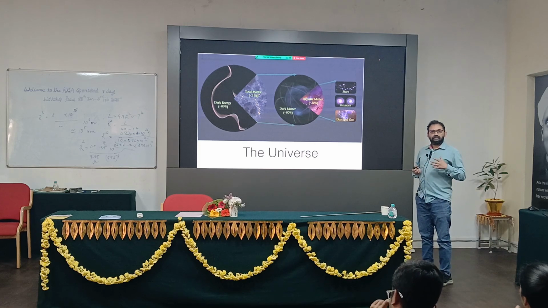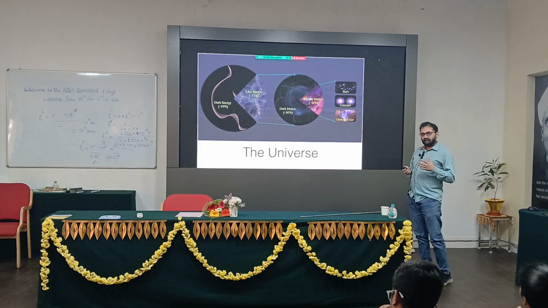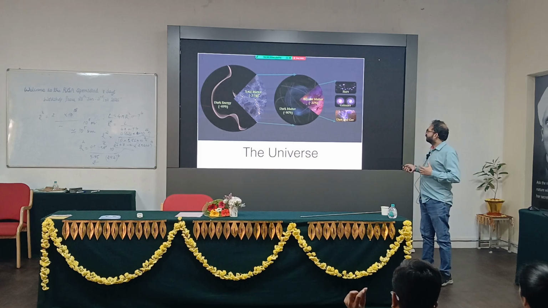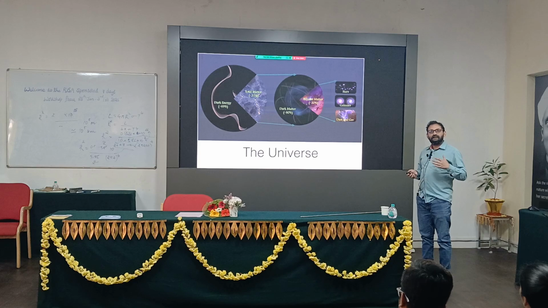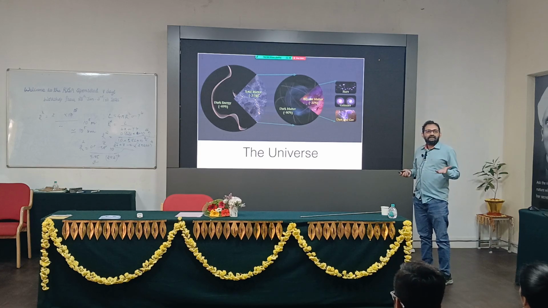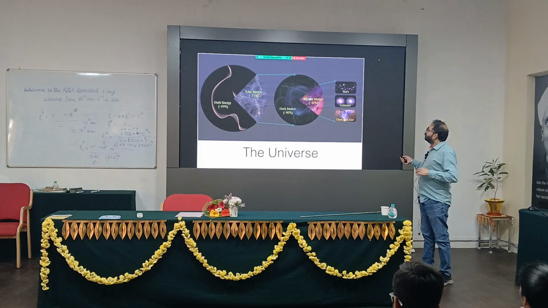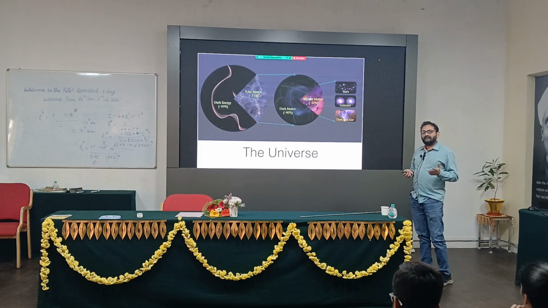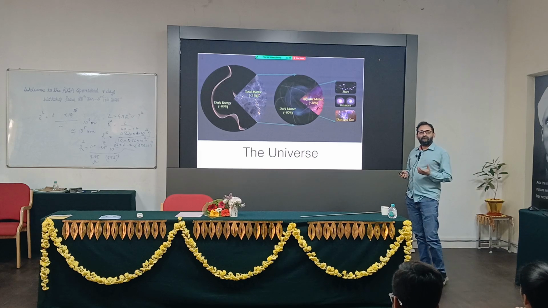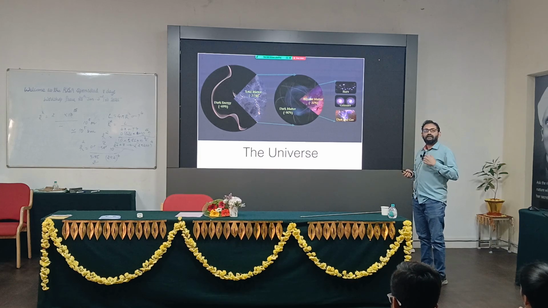The total matter is around 30%. Among that 30%, 80% is called dark matter, which doesn't fit any standard physics model, so we don't know what it is made up of. And 20% of this 30% is what we know, which applies the standard atomic models.